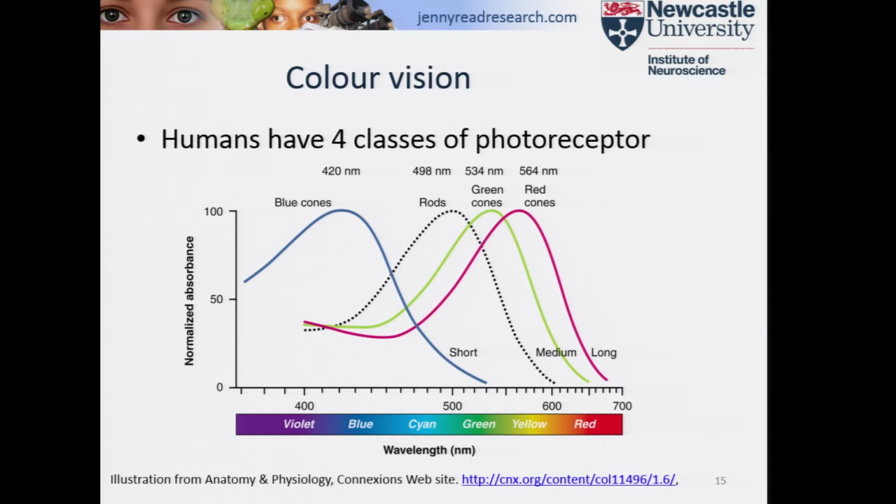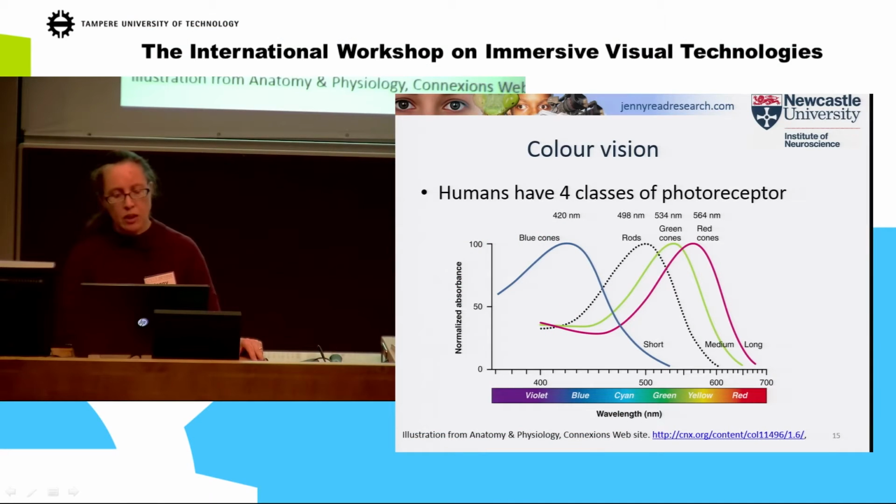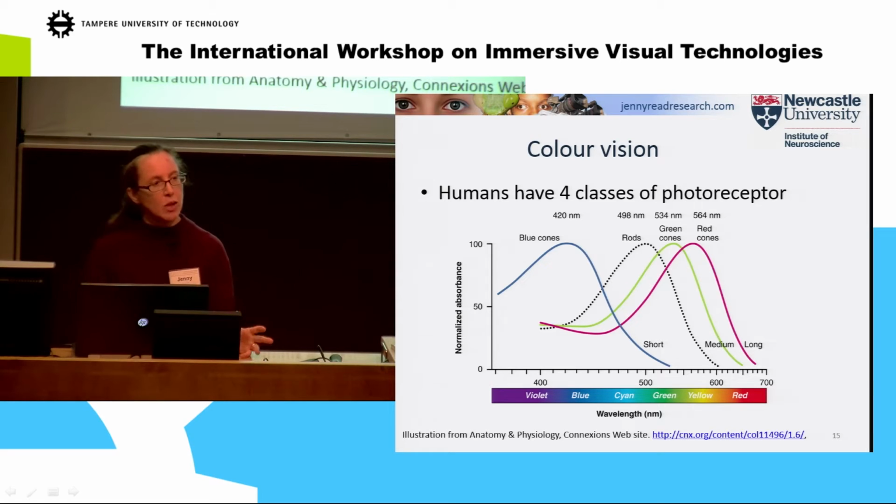Whereas in high light levels, so daylight for example, we have 3 types of photoreceptor operating, so we have trichromatic vision. And so, of course, it's the cones that give us our colour vision, but actually we're relatively insensitive at picking out the spectral information. The entire spectrum of light is reduced to just 3 numbers, which is obviously a pretty crude representation.